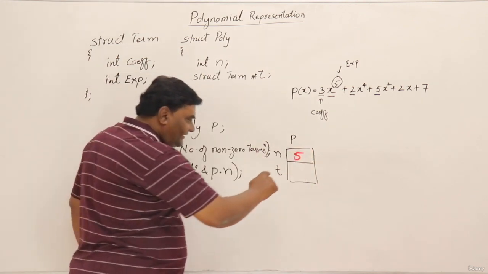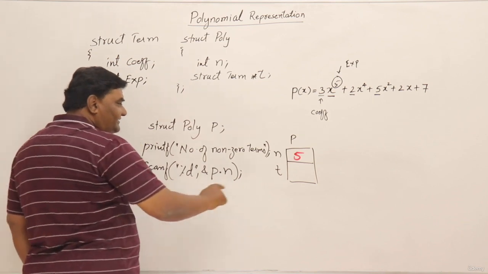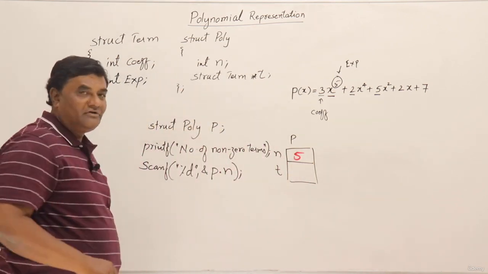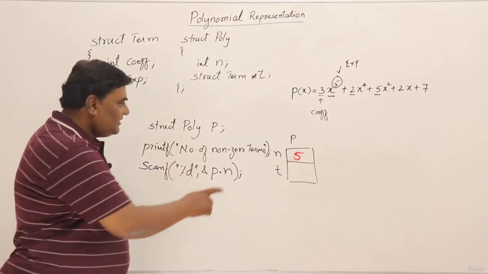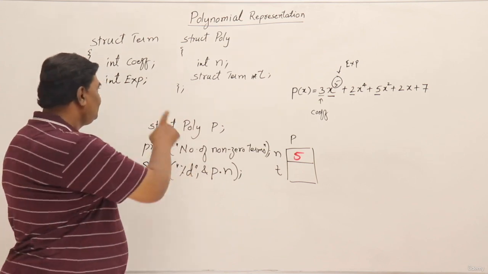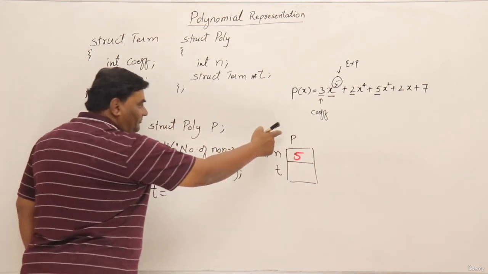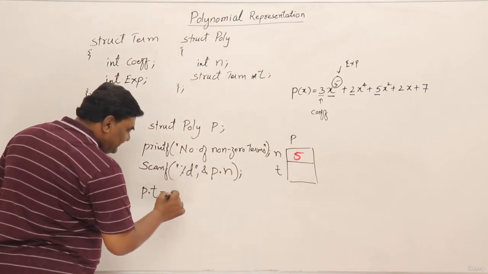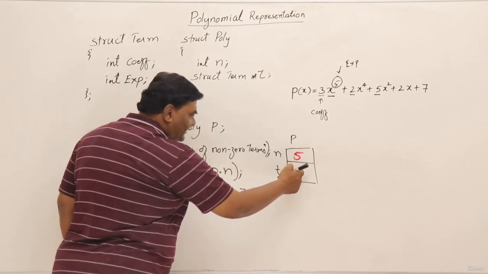Now I need an array of 5 terms. So let us create this array dynamically using the new operator. p.t I will assign an array of terms of size 5, so p.t assign new array of terms.